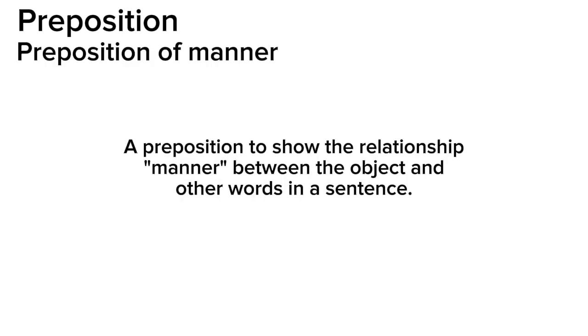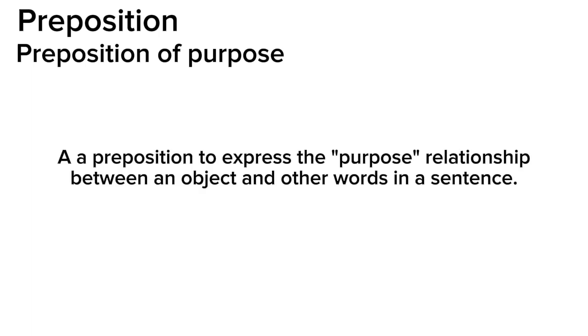Preposition of manner, which is a preposition to show the manner relationship between the object and other words in a sentence. For example, by, in, like, on, with. Preposition of purpose is a preposition to express the purpose relationship between an object and other words in a sentence. The most frequently used example is for.